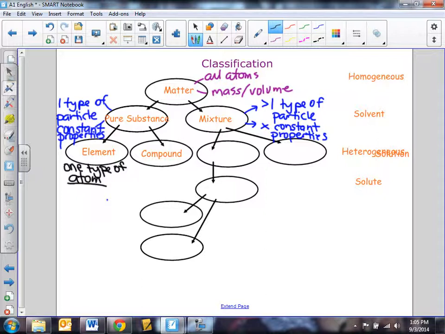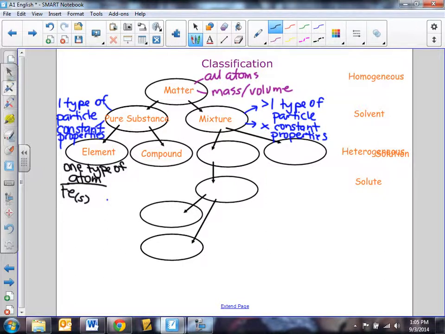Does anyone know what an example of an element would be? There are about 118 of them that you could give. Yes. Iron is an element. So, the symbol for iron is Fe. I love symbols. I like them better than words because they're usually shorter. But iron, which is a solid, so I would put an S next to it, is an element.